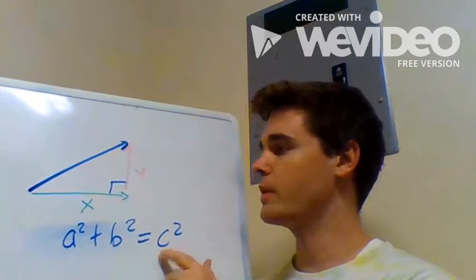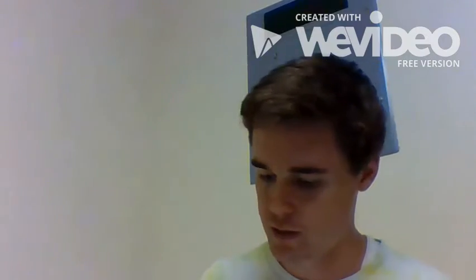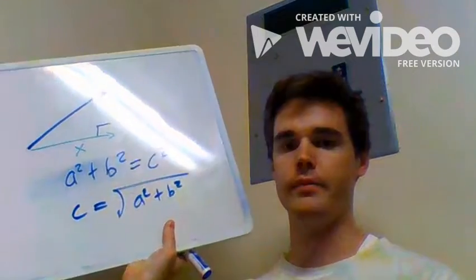And so to be able to find C, if we solve this out, you can see that C is equal to the square root of A squared plus B squared, right?